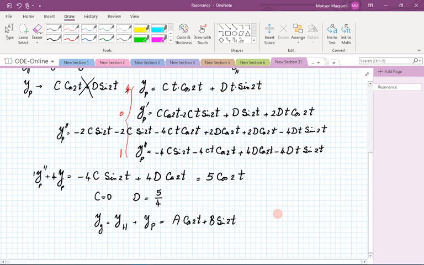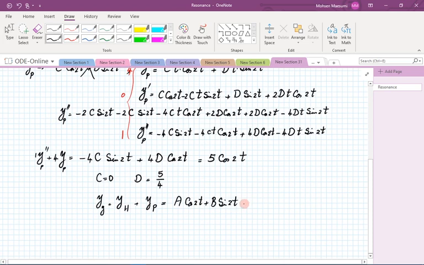So what I get here is, okay, so that was the mathematical gymnastics that was involved in getting the general solution of this when there was resonance.